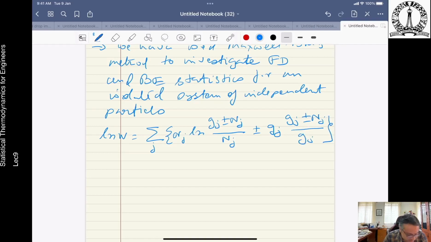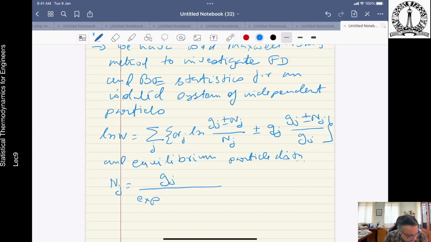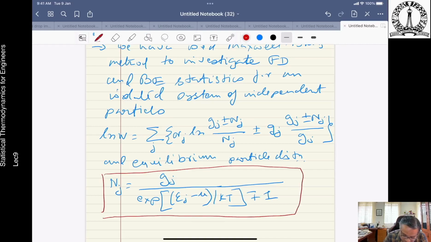All right, and the equilibrium particle distribution, which is also written as Mj is equal to Gj divided by exponential (epsilon j minus mu) by kT, plus 1 for Fermi-Dirac and minus 1 for Bose-Einstein.